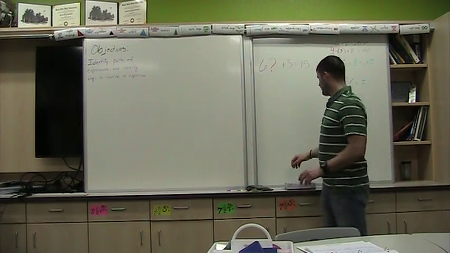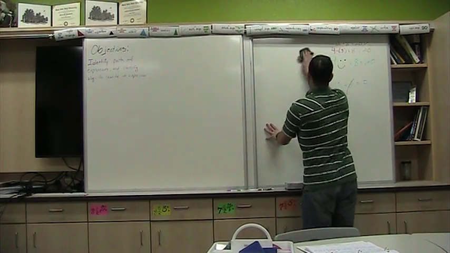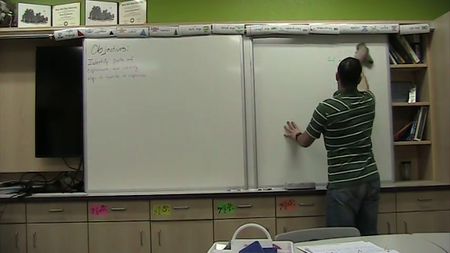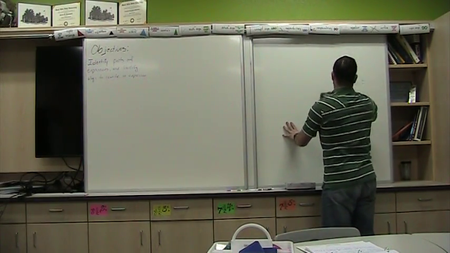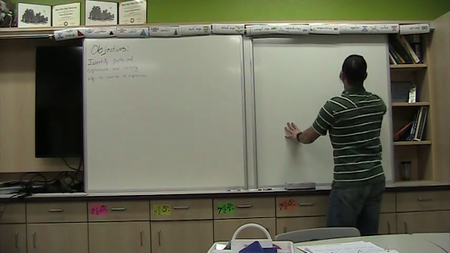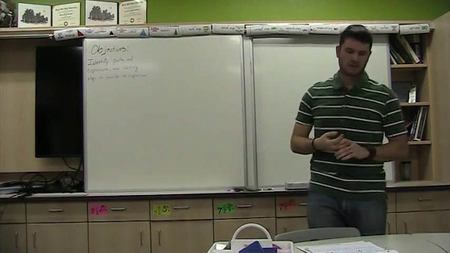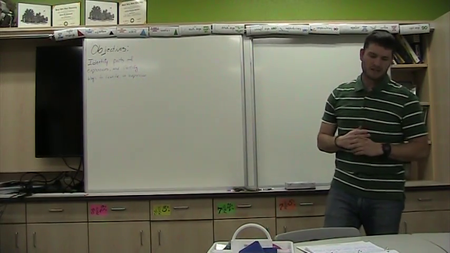Okay, so if we look at the example problem in our book, it gives us a word problem. It says that a theme park wants to know how much revenue to expect based on attendance.